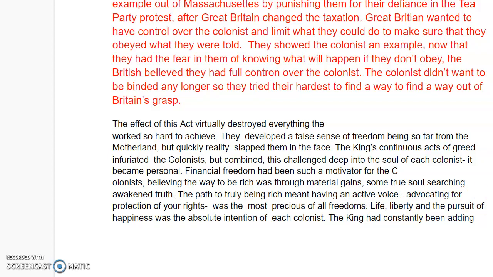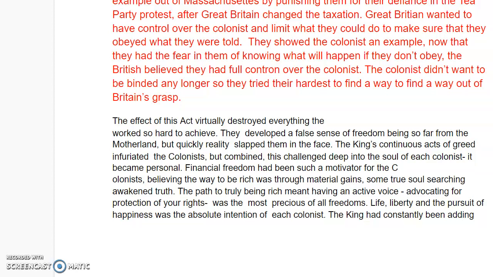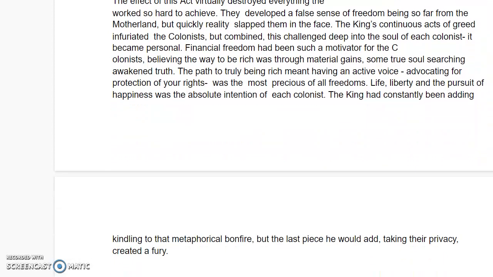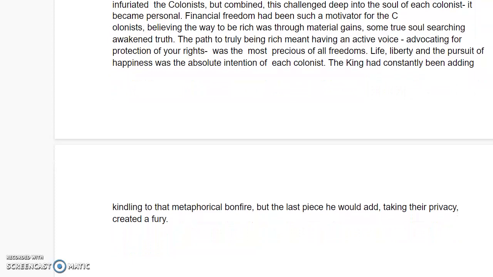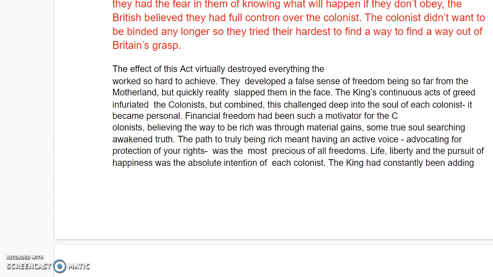Life, liberty, and the pursuit of happiness was the absolute intention of each colonist. The king had constantly been adding kindling to that metaphorical bonfire, but the last piece he would add, taking their privacy, created a fury.